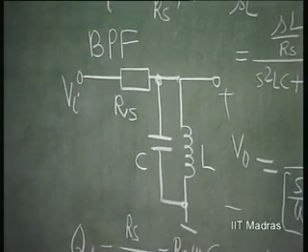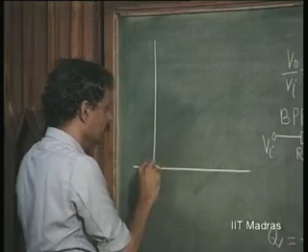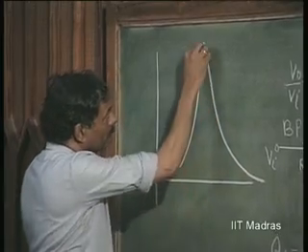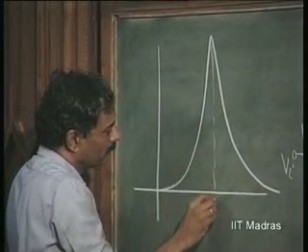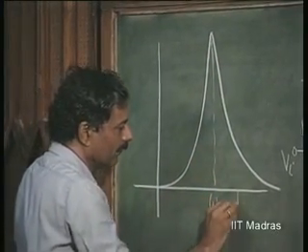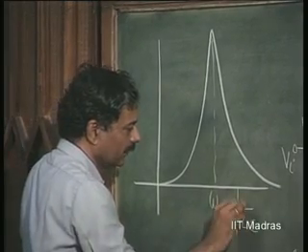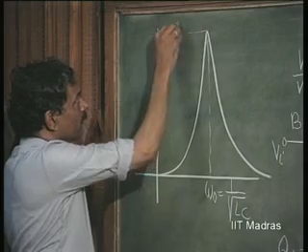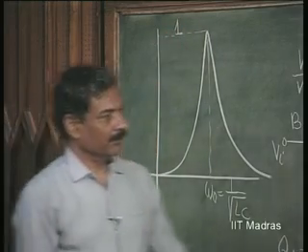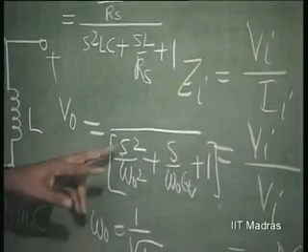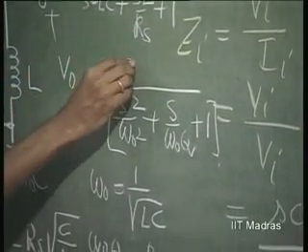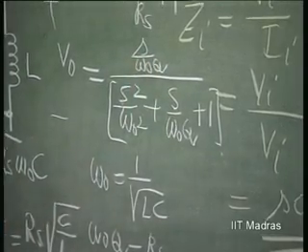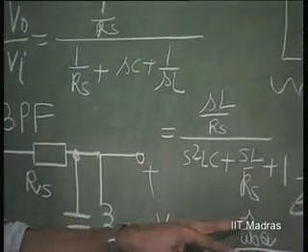So, how will the response look like? The center frequency omega naught is going to be 1 over root Lc, and at resonance this is going to be 1, because put S is equal to j omega naught. In fact the numerator is also going to be S by omega naught Q, because it is same as Sl by Rs.